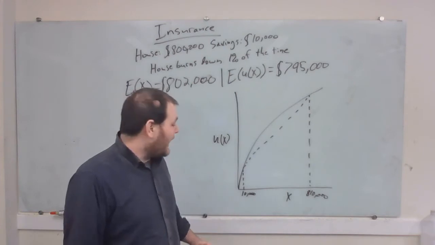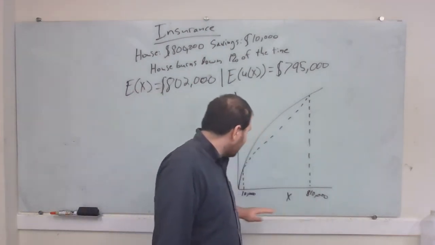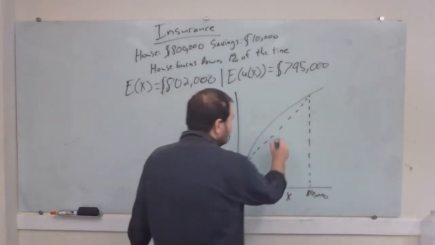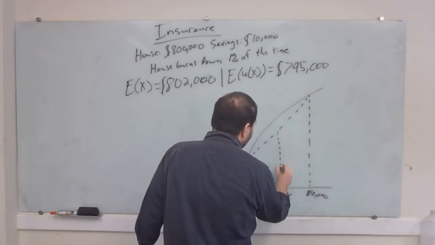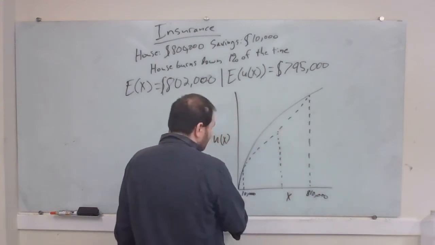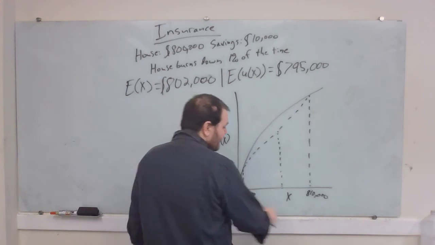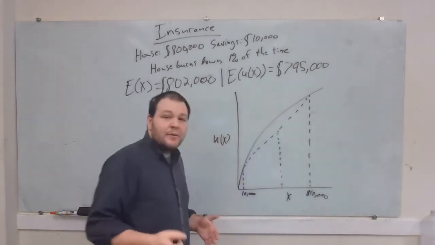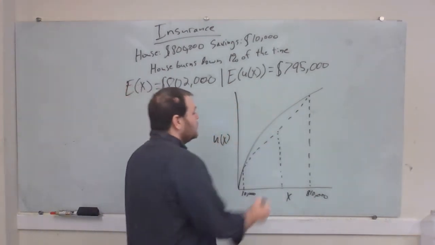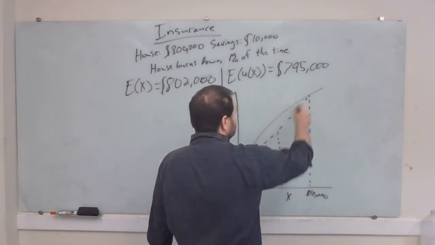So if, for example, I had a 50% chance of having 810, a 50% chance of having 10,000, how happy would that make me? Well, it would be the utility of 10,000 times 0.5 plus the utility of 810,000 times 0.5, which is just going to be halfway along the line between these two utilities.